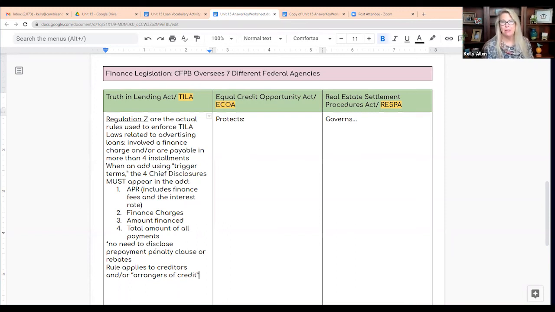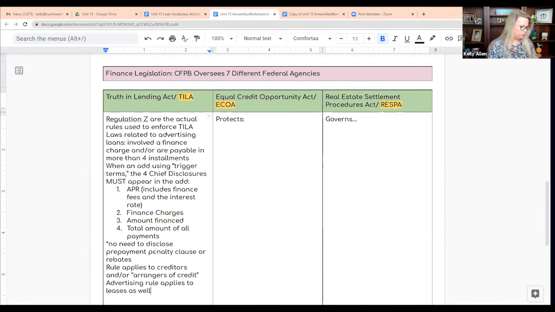That showed up in an exam. Apparently, this could also apply in lease situations, the advertising. I know it's not in your book, but it's in the syllabus. So it could apply to the lease agreement as well.